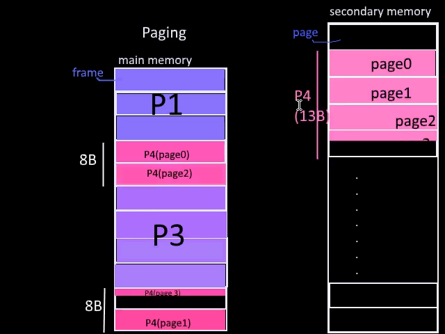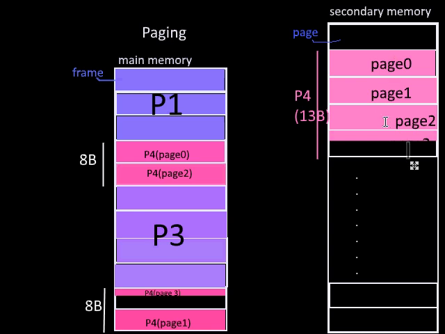Assume that the process P4 is, instead of 16 bytes, a 13 byte process. Then it will require 3 pages completely, that is 3 into 4, 12 bytes, plus 1 extra byte for the process. Hence, one entire page will have to be allocated for the process, but the process will occupy only 1 byte of this page. Hence, the remaining 3 bytes will be free.